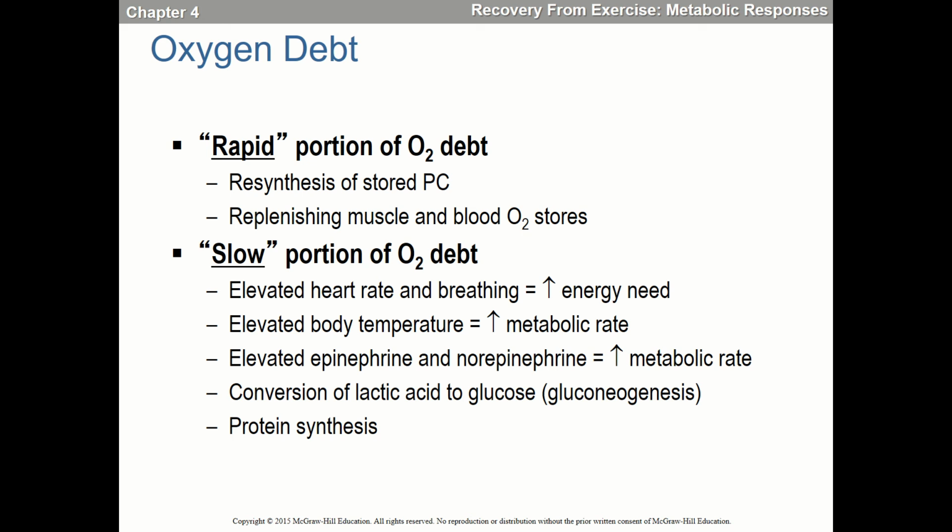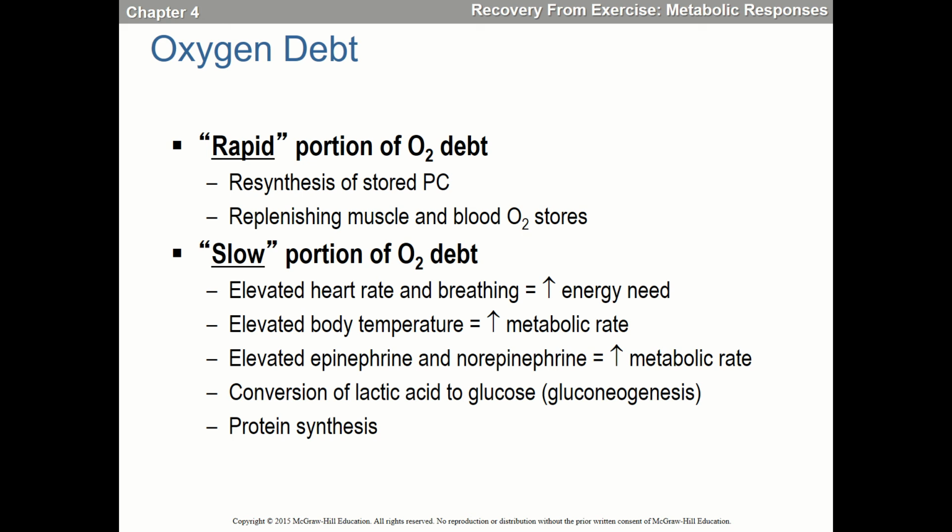Now there's a slow portion to EPOC, and that is due to a couple of things. I'm not 100% sure if y'all have protein synthesis written on yours, but protein synthesis is a relatively important aspect of this. The first one is elevated heart rate and breathing. There's an increased energy need due to our diaphragmatic muscles and our left ventricle muscles still going.